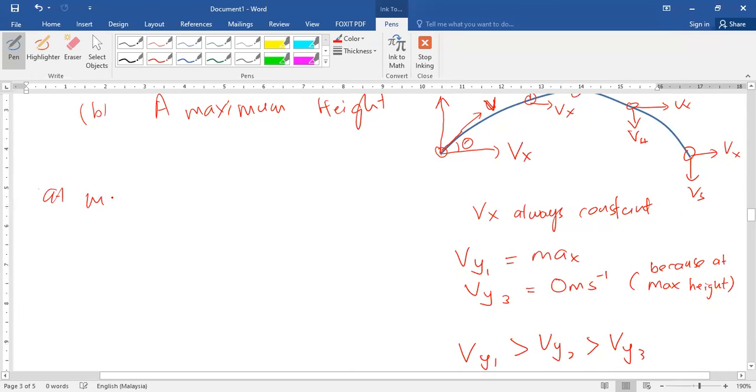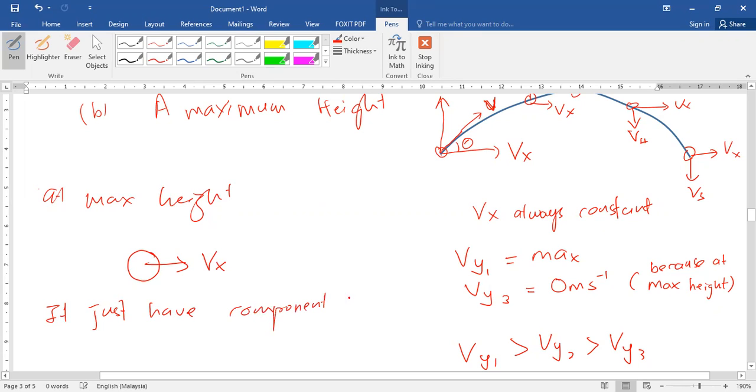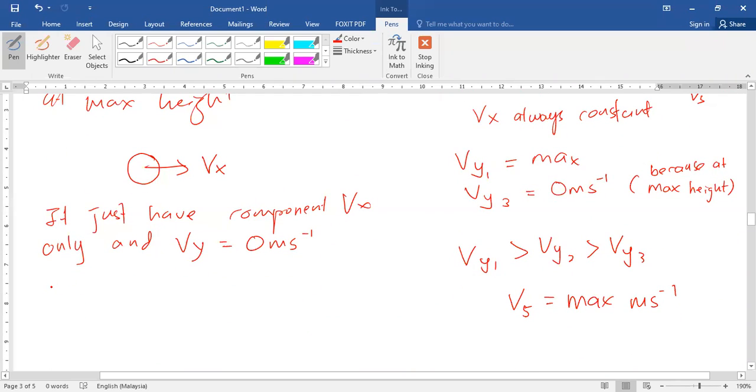At maximum height, the object just has the Vx only, and Vy is equal to 0 ms-1. So the resultant velocity Vr is only equal to Vx.